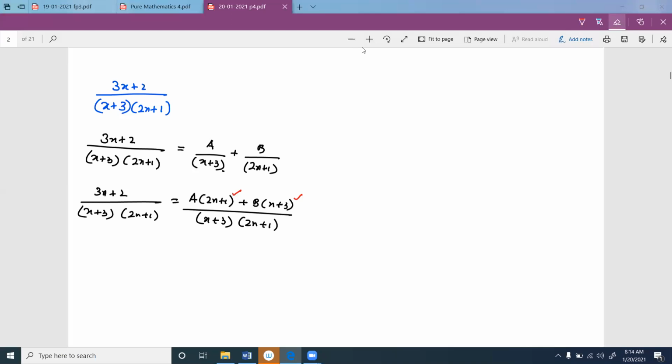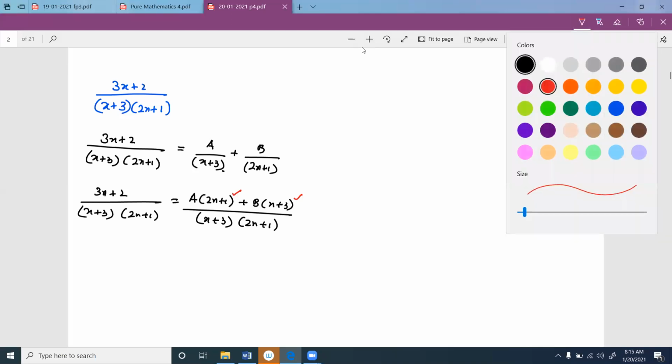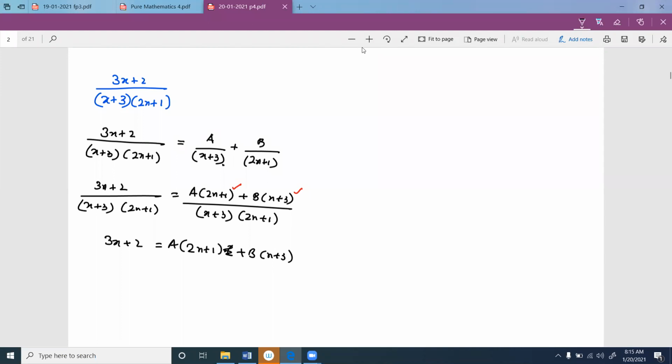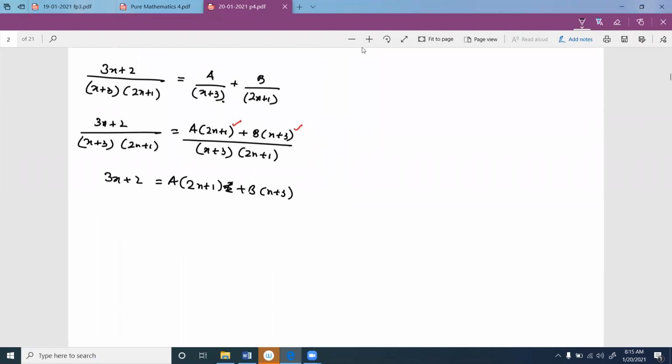Yeah, right, that's it. Then let's try to simplify this. If these denominators are the same, the numerators must definitely be the same: 3x plus 2 equals a times (2x plus 1) plus b times (x plus 3). Then this is pretty simple. I need to find the value for a, so I have to cancel b.